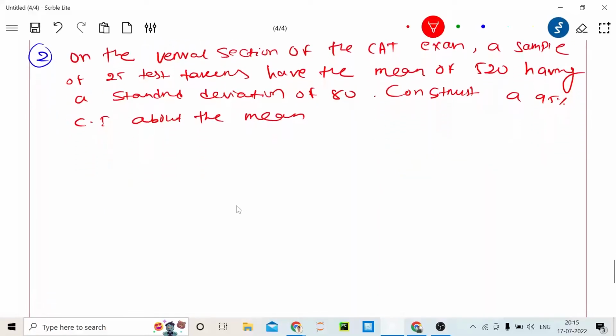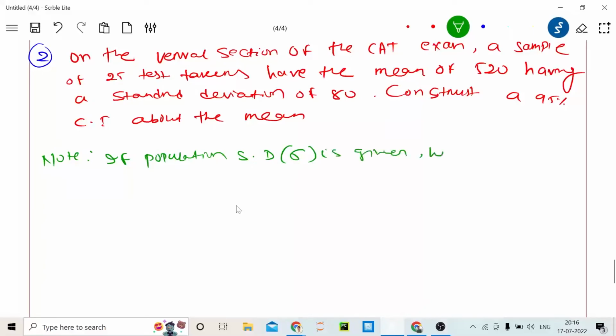In this section, there is a note first. In the previous question I told you, if the population standard deviation, that is sigma, is given, we will do a Z test.